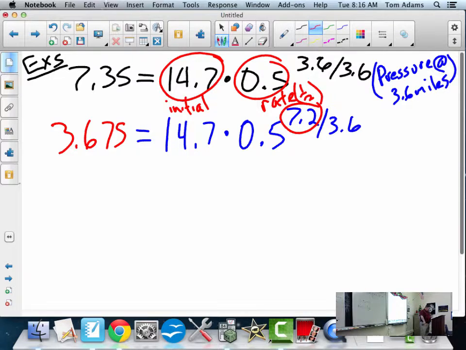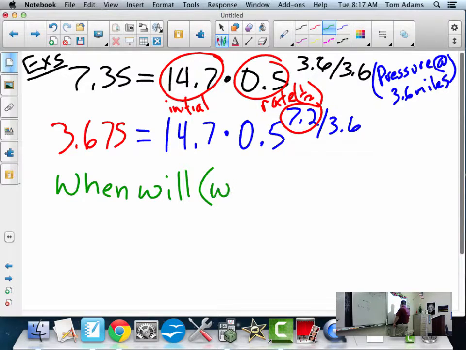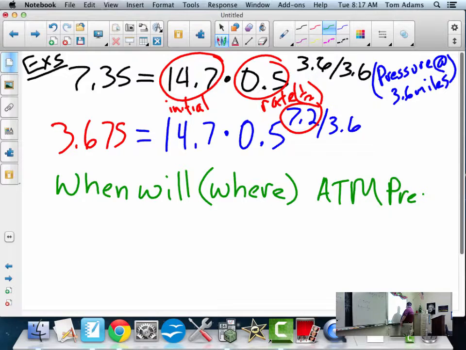And what they really wanted us to know or find out was, when will this equal 4 pounds per square inch? So the question the textbook asks is, when will the atmospheric pressure, or really we should say where, how high above sea level, is it 4 pounds per square inch?